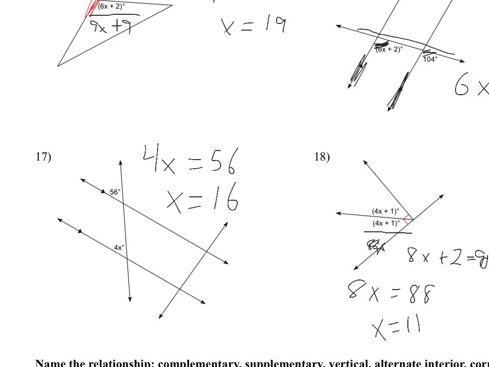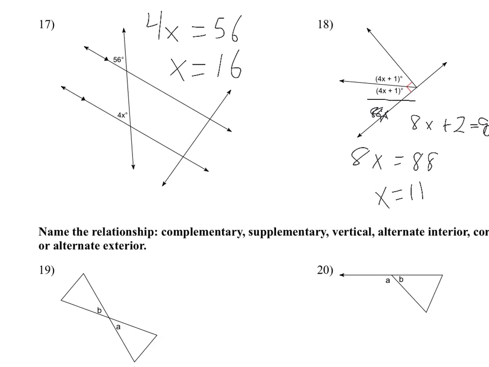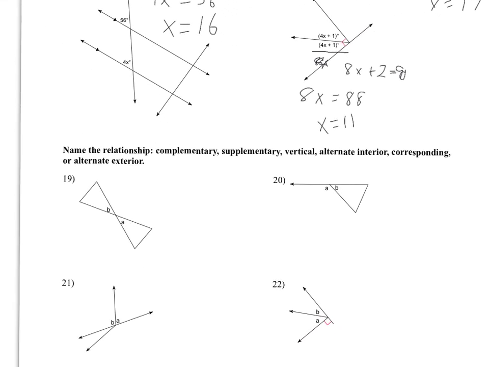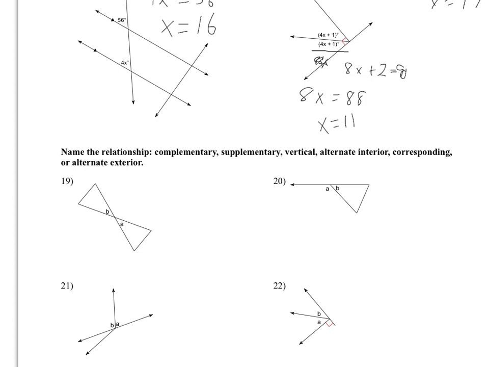All right, so that's it for these types of problems. Now we're going to switch to the vocabulary things, and I'm going to abbreviate on a lot of these. All right, so 19, we've got the opposite angles, so those would be vertical. Number 20, those two angles form a straight line.